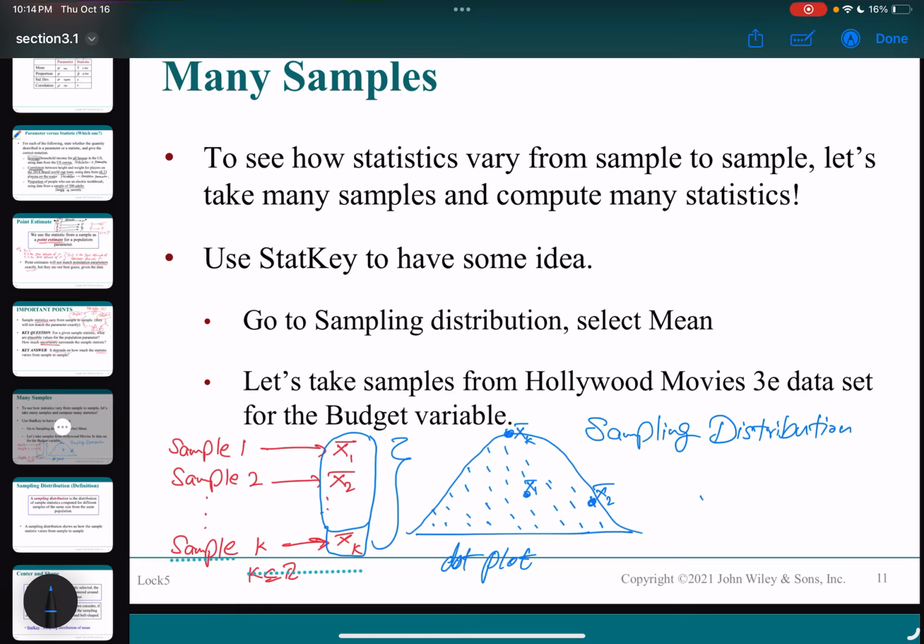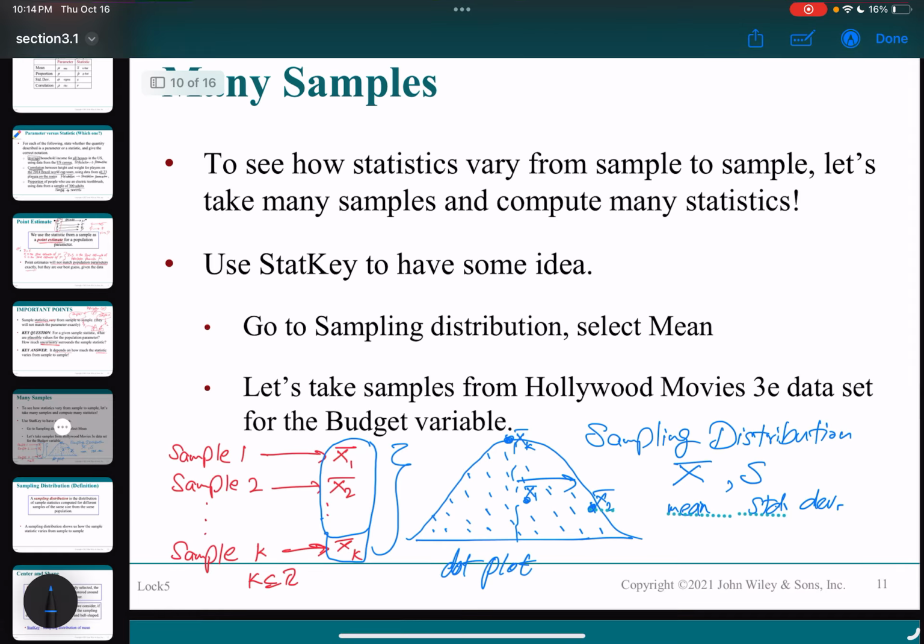Using this sampling distribution, we can calculate the mean and the standard deviation. Mean somewhere here, standard deviation this much. The uncertainty I told you earlier is this standard deviation. We'll talk about the standard deviation a little bit further in upcoming slides.